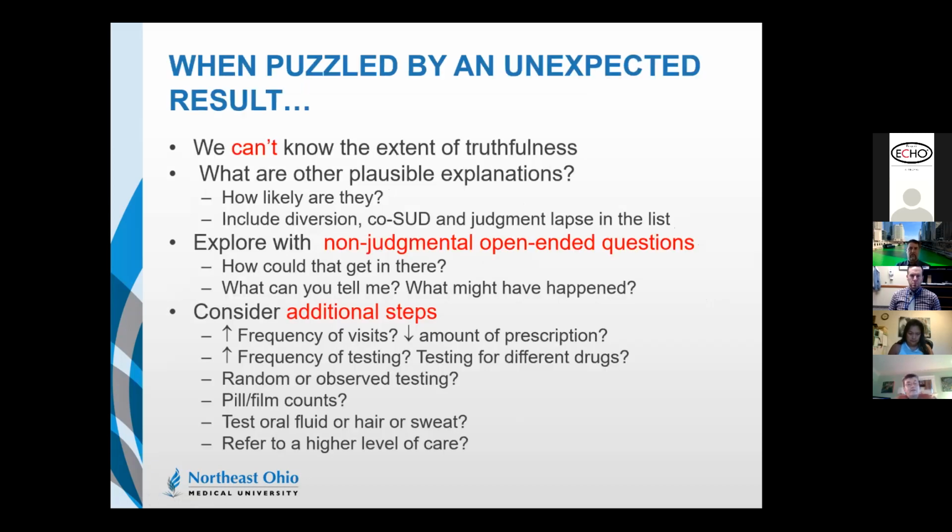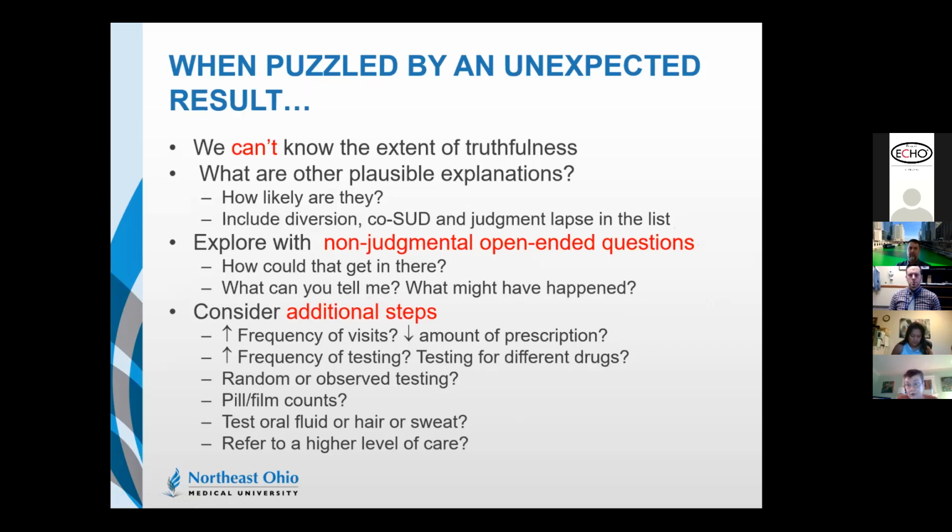Next slide. So, some things for us to think about when there's an unexpected result. One is, unfortunately, we can't know the extent of the truthfulness of what the patient is telling us.